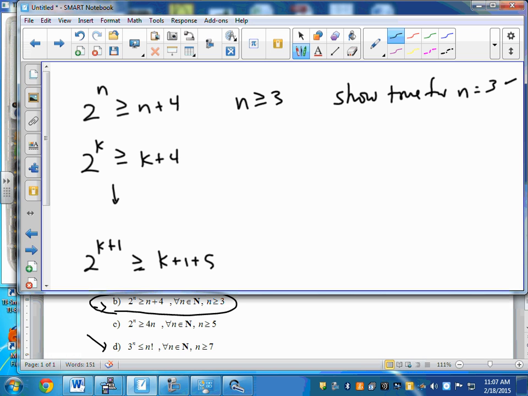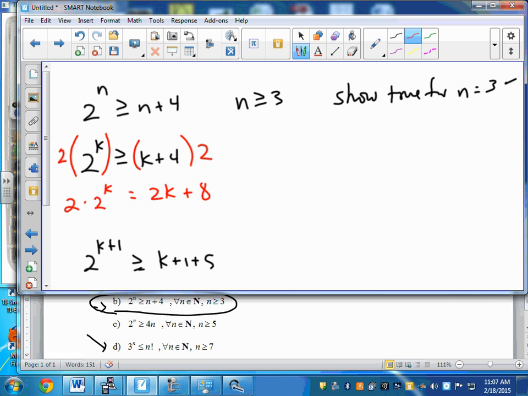No divisibility here. There's no series. We're not adding anything. I'm just going to play with this particular assumption. Let me multiply both sides by 2. I'll have 2 times 2 to the k is, and multiply this one by 2, 2k plus 8.